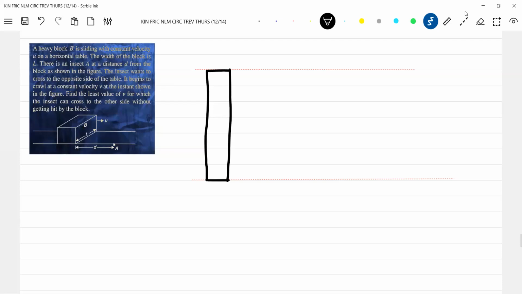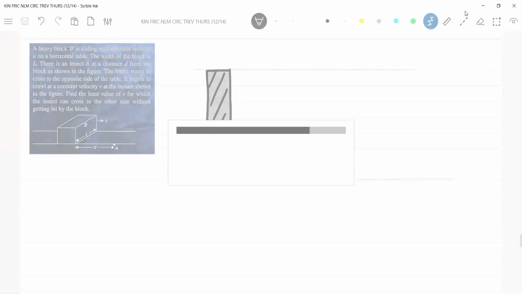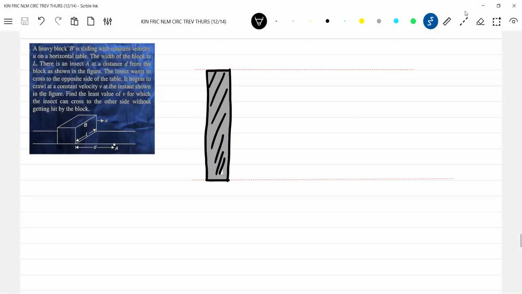Only this one, you need not. Okay, there's a block. This is very important for us also when we are crossing the road. Very, very important. We should know how to cross the road when a vehicle is approaching.